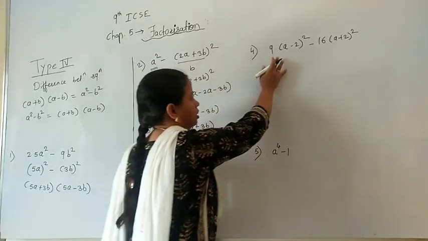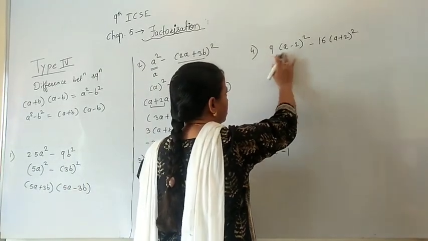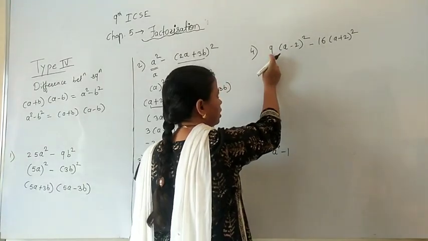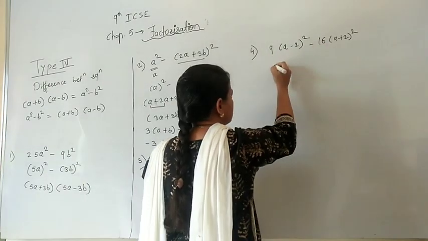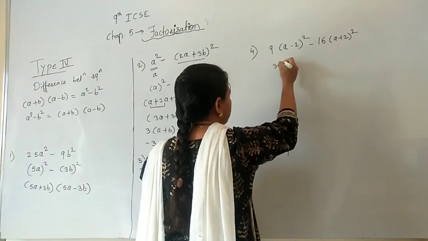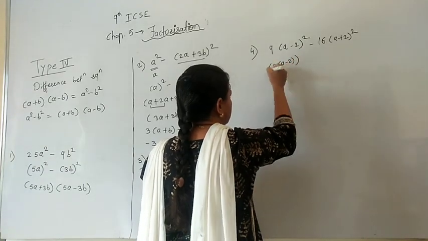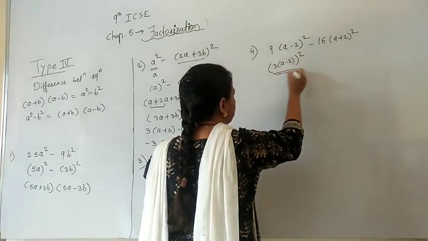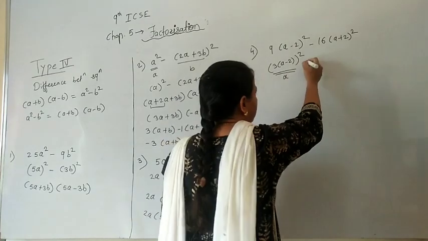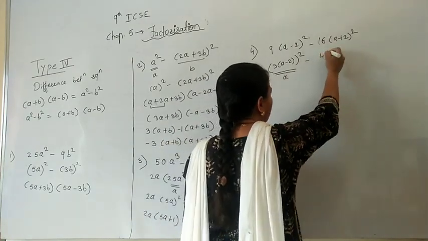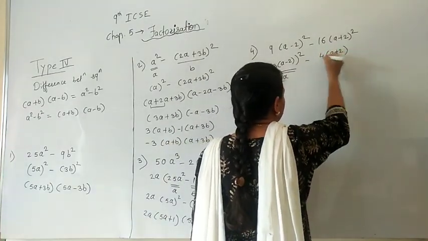Moving towards the next question. In this question we have to take the root of 9 as well as 16. So 3 in bracket a minus 2, as it is, square. This whole term we are taking as a. And here root 4, a plus 2.